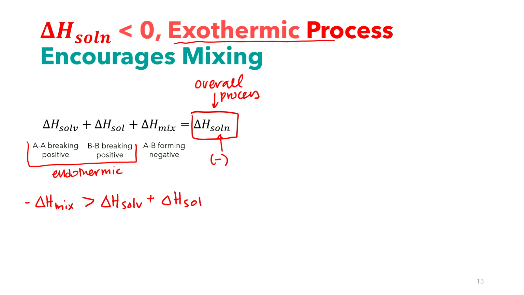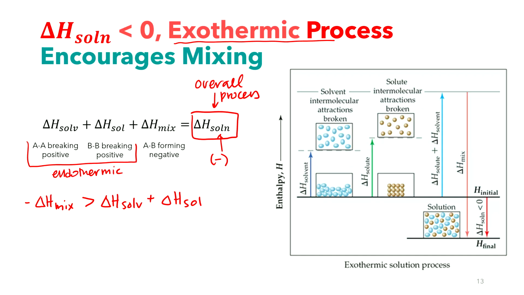All right, and I like this image, your book puts this into a picture. So we've got our positive contributions, the endothermic costs. Here's delta H of the solvent. Here's me taking my condensed phase and pulling them all apart, breaking them up. Same with my delta H of the solute. In this case, it cost me a little more to do that, right?